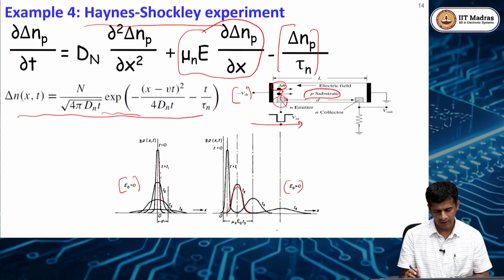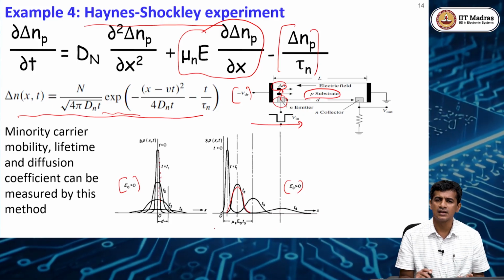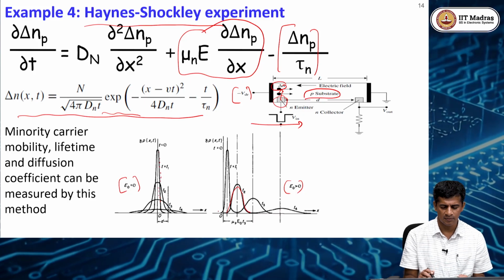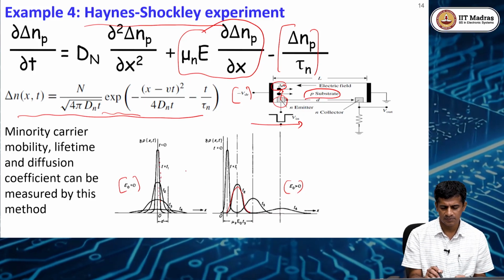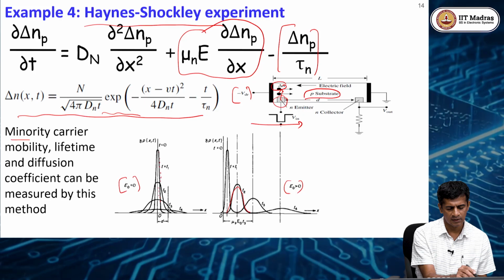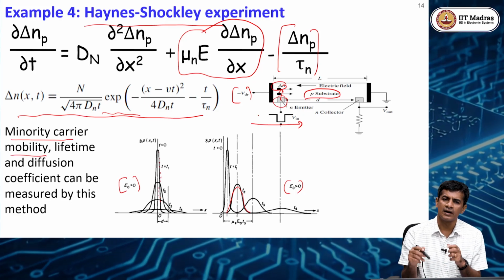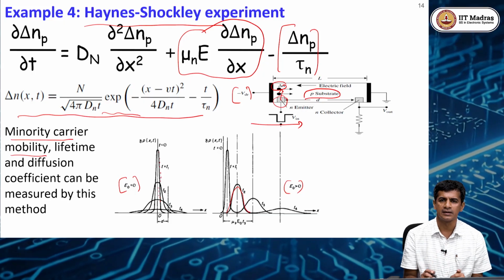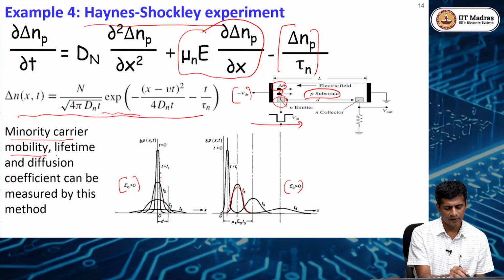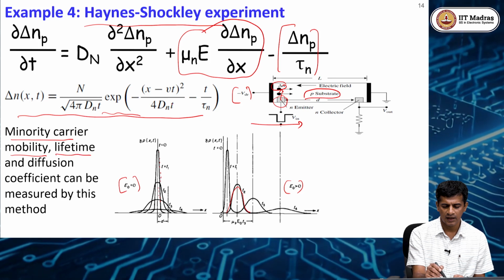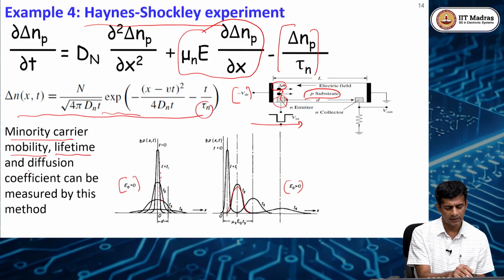So you may ask, why is this experiment important? This is historically important because you can use this experiment to calculate several things. One is minority carrier mobility. In this case, you can get the mobility of electrons in a p-type material, and you can find the lifetime and the diffusion coefficient.